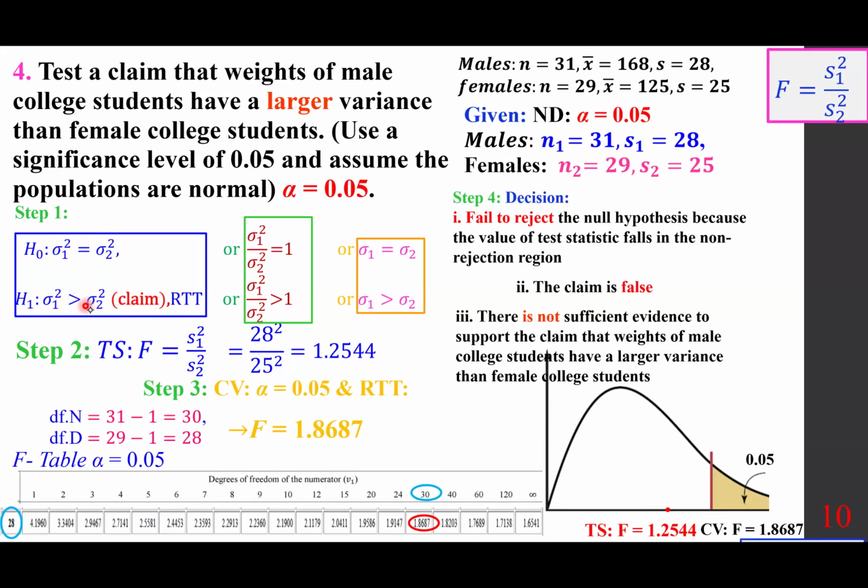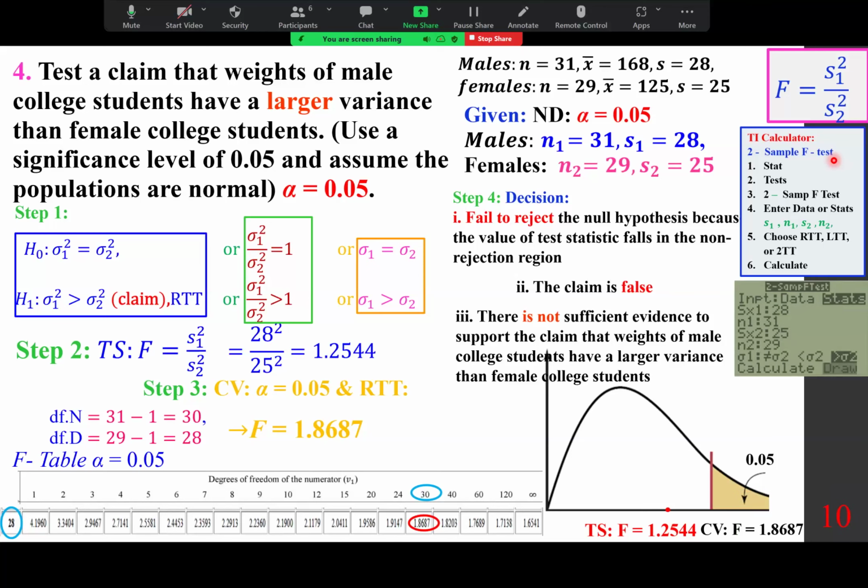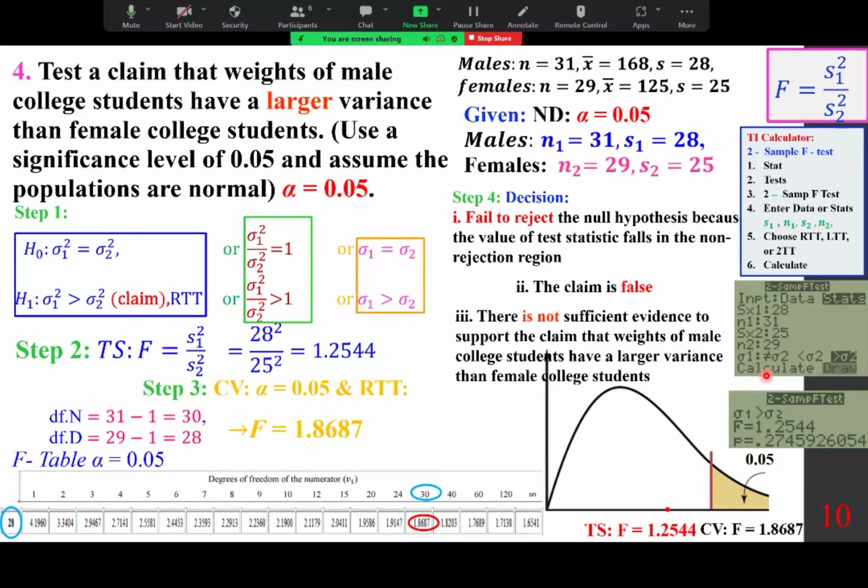We're done. Let's look at technology. We go with the two sample F test. When we do that, we need to put S1, N1, S2, N2, and we are going to go with larger than, and then calculate. And it gives you that. Notice what you have. You need two pieces of information.